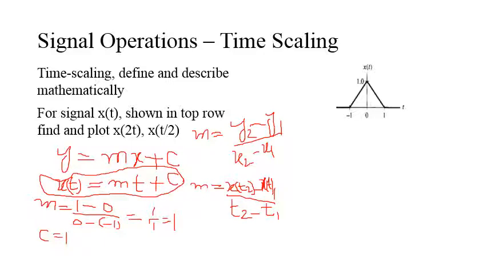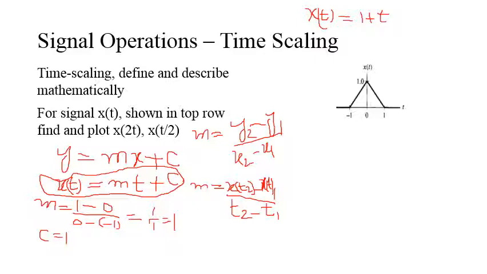So we can say x of t equals, if you replace the values here, m is 1, t is t, and c is also 1, so x of t equals 1 plus t.